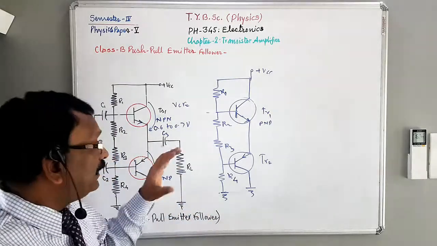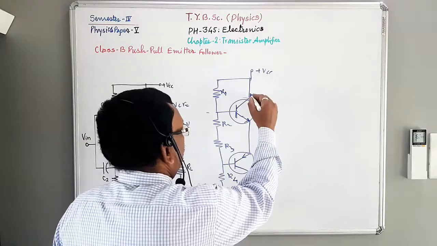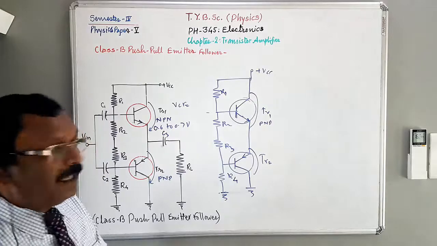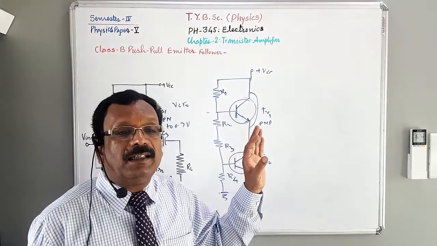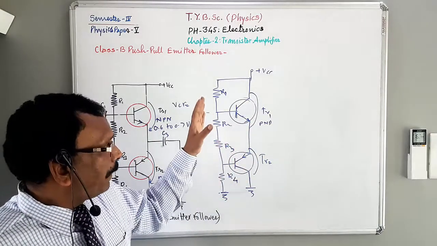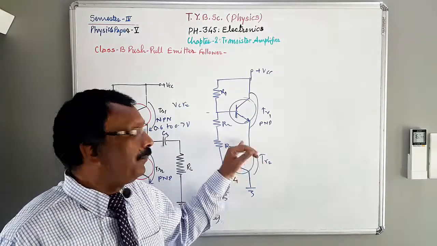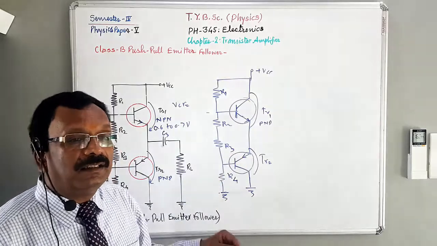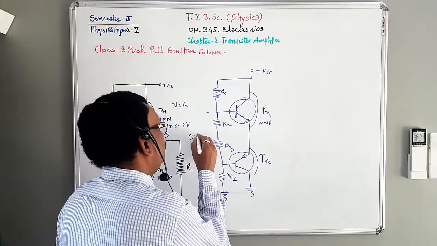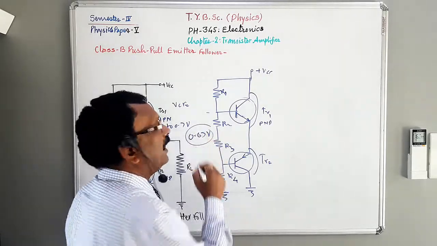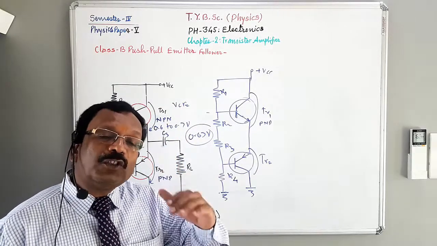The designer selects the biasing resistor here or here, in both cases, such that it biases the emitter diode of every transistor between 0.6 to 0.7, and I think it is nearly 0.67 volt, the standard, ideal one, so that it is on the verge of conduction.